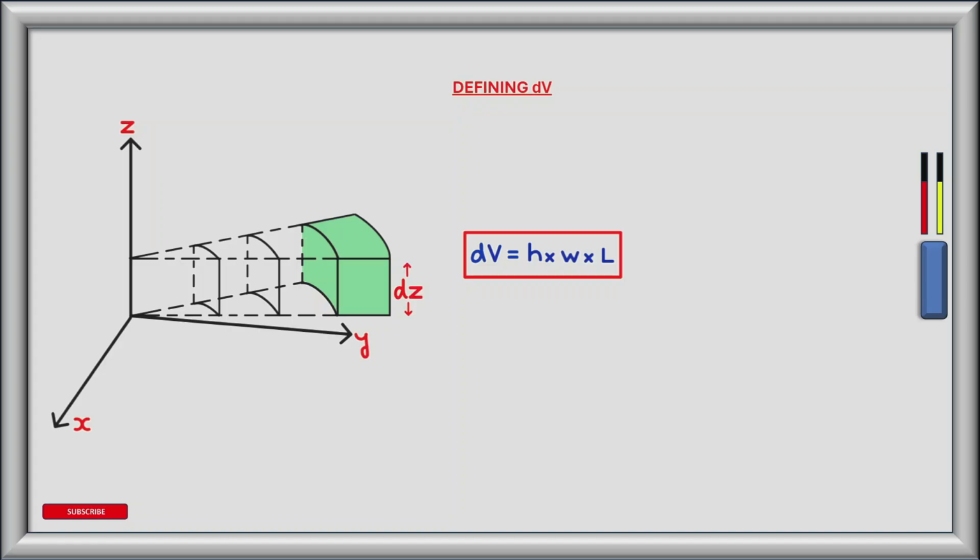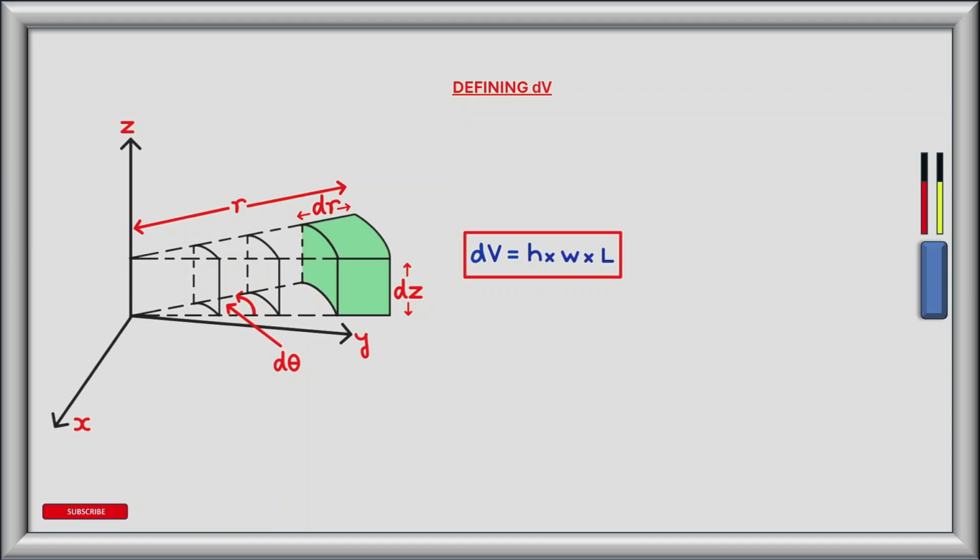We can see that the height is along the z-axis, and it's an infinitesimally small piece of z represented by dz. The width of the box lies along the radial distance r and is an infinitesimally small piece of r represented by dr. And the length lies along the arc of the circle and is infinitesimally small.